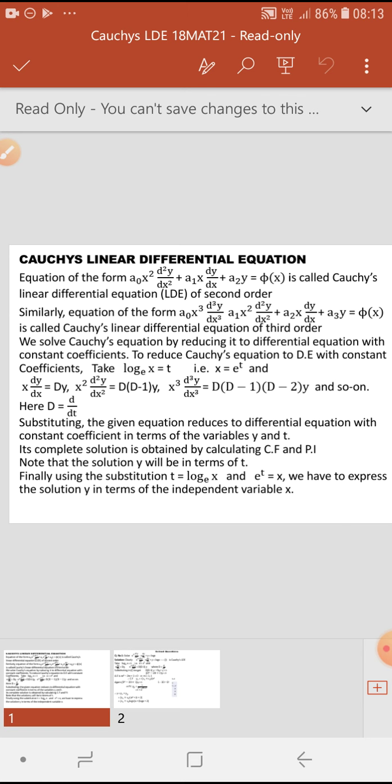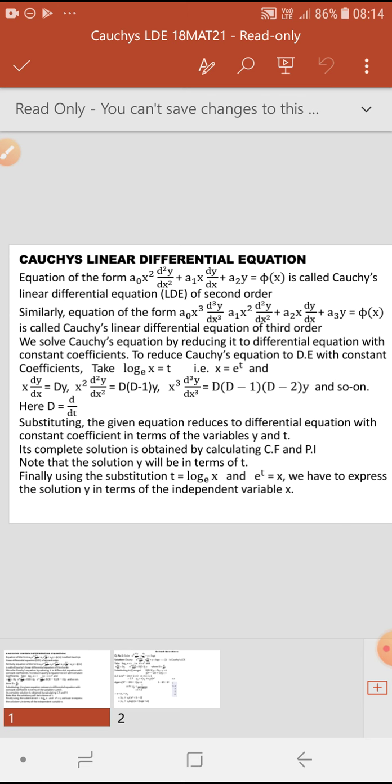When you make these changes, in the given equation, x dy by dx becomes capital D y. x square into the second derivative d square y by dx square will be equal to D into D minus 1 into y. x cube into the third derivative d cube y by dx cube will be equal to D into D minus 1 into D minus 2 into the dependent variable y, and so on, where capital letter D represents the operator d by dt.